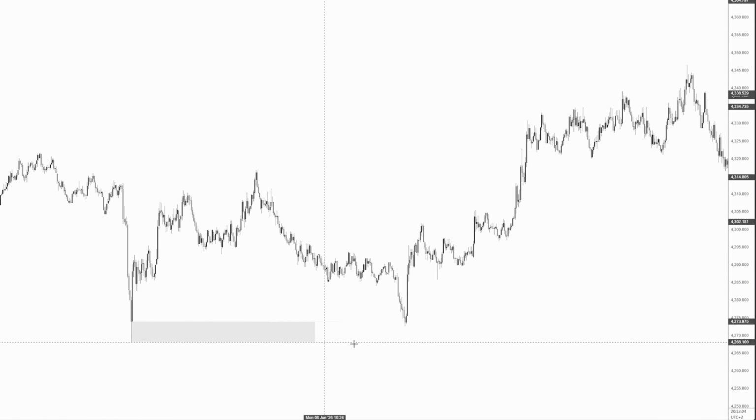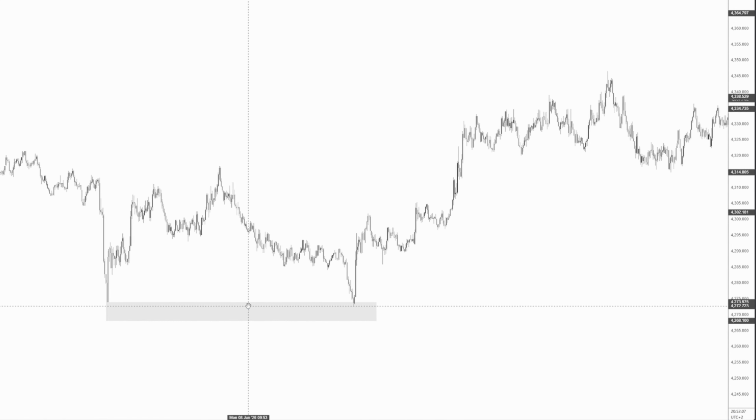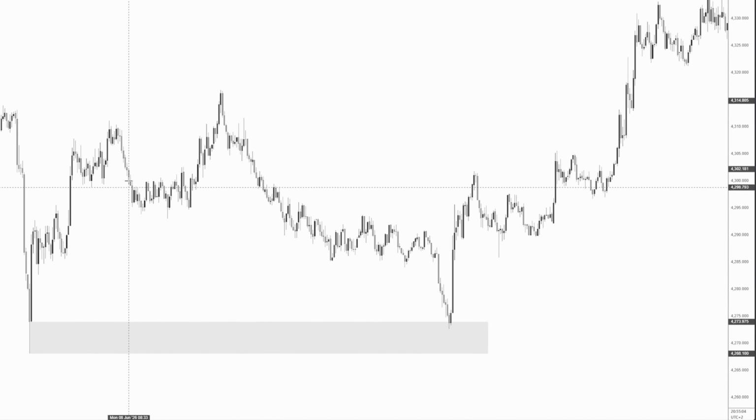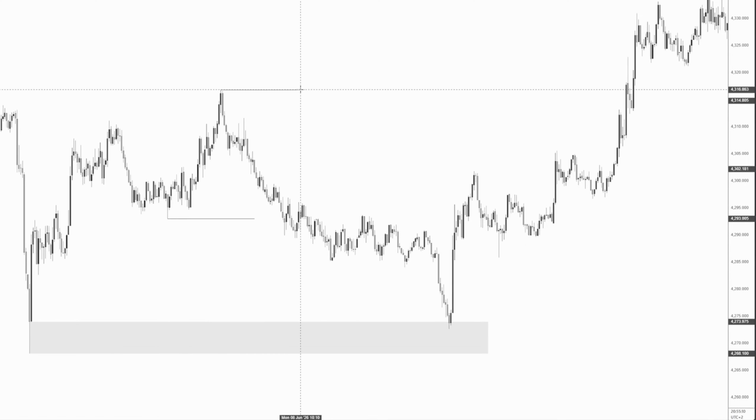All right, so what are we looking at? We have orders. Basically, my understanding is, like I said in the last video, price, like all things, follows the path of least resistance. So let's imagine we are in this area right there. Price is between this low and this high. Now, price broke through this low.